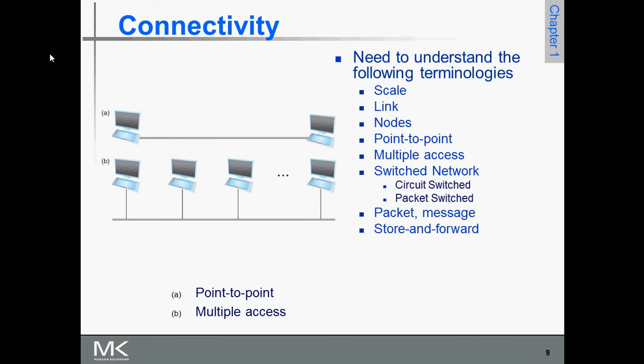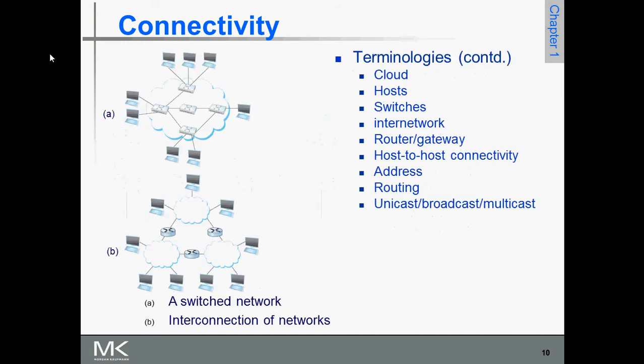And just now I discussed the terminologies that are used in scalable connectivity. These are a few other terminologies that I would like to share with you now. So what is meant by a cloud? In this picture A, you can see the real cloud here.